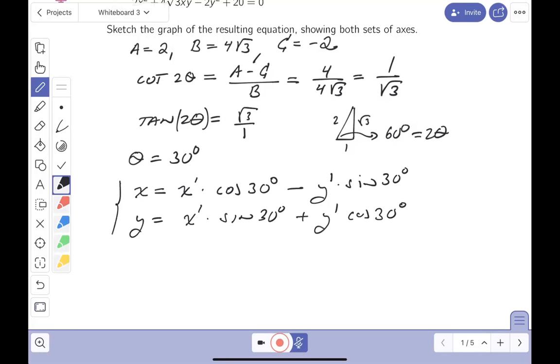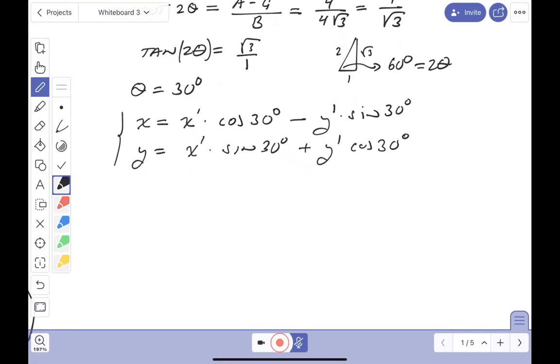Well, let's write this down. And again, this is the tough part. I'm not saying it's going to be easy for you, right? So what do you get? X equals, let's see, what's cosine of 30 degrees? That's going to be root 3 over 2, right? What's sine of 30 degrees? That's going to be 1/2, right?